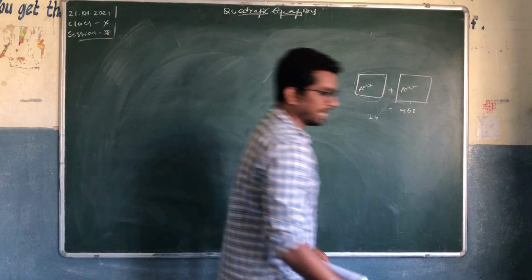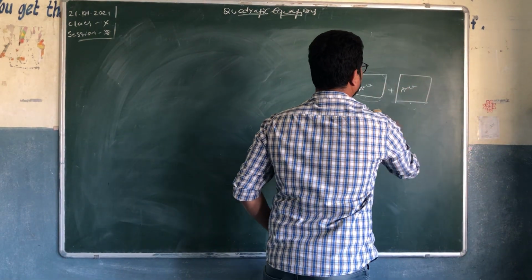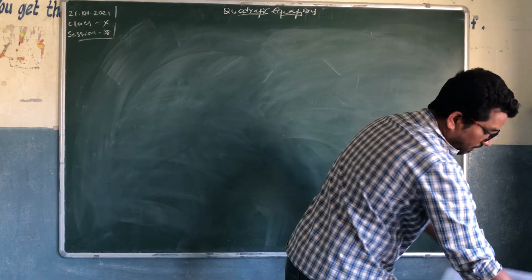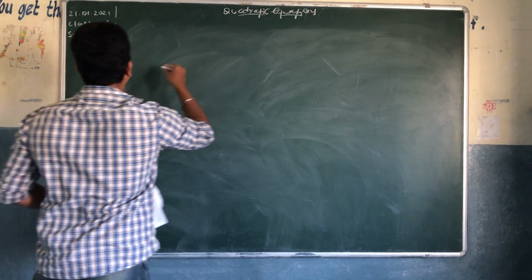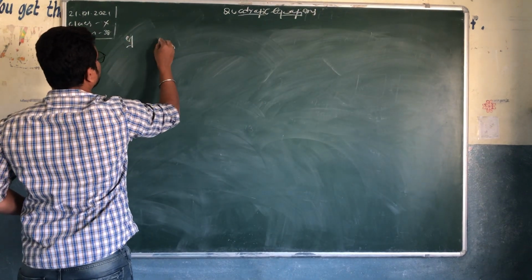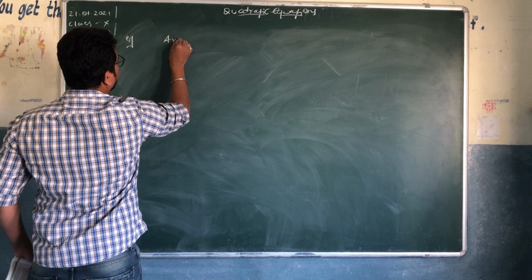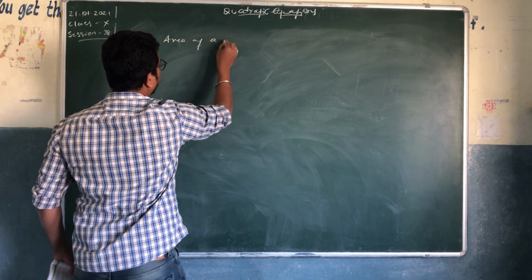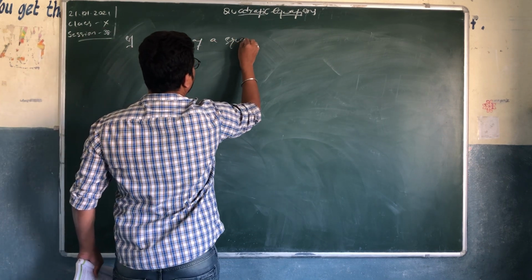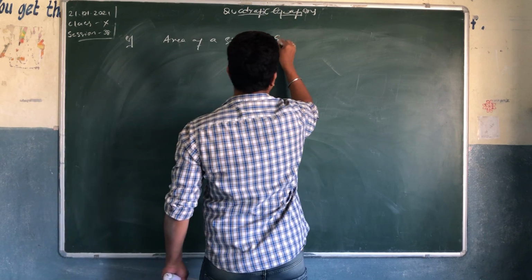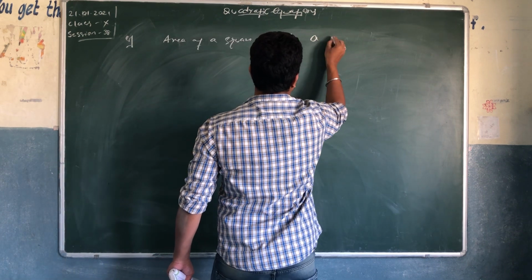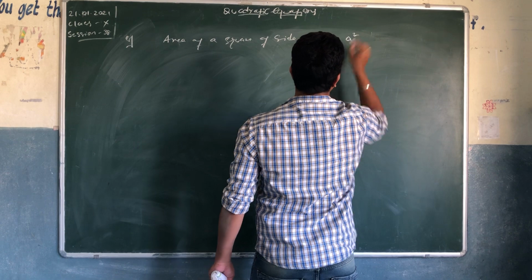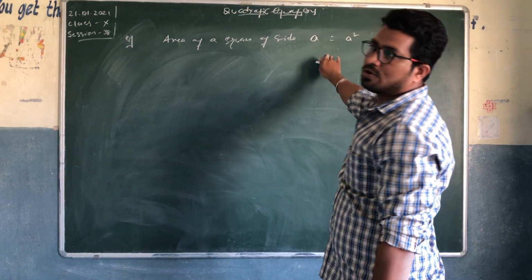Now let's try and find the sum. First, we know the formula, right? Area of a square of side A is equal to A square. This is just a formula.